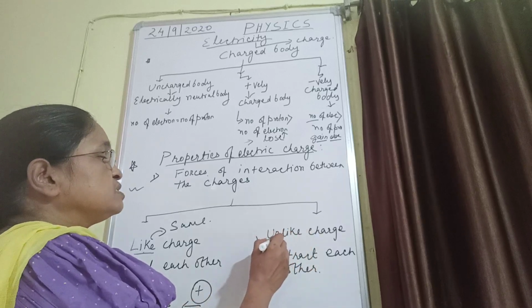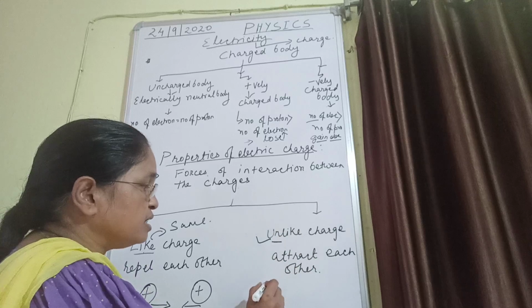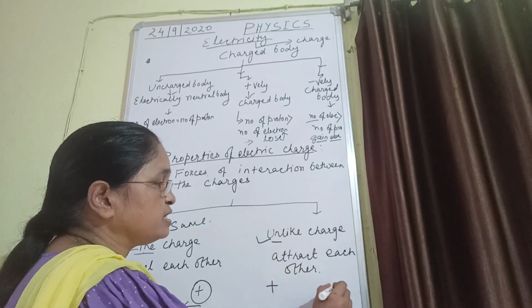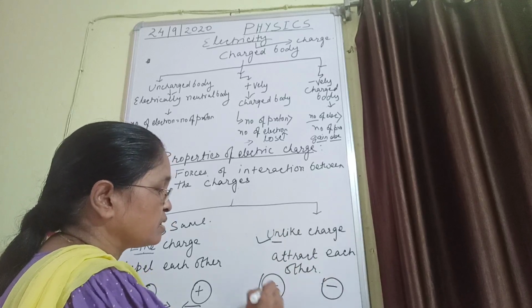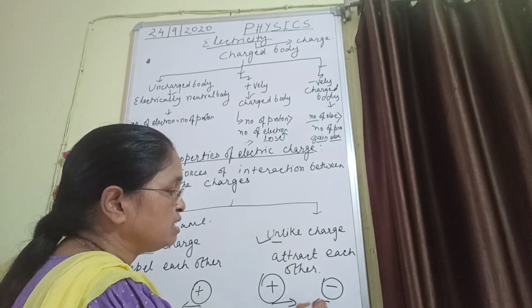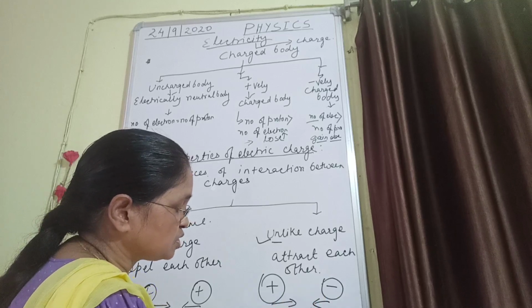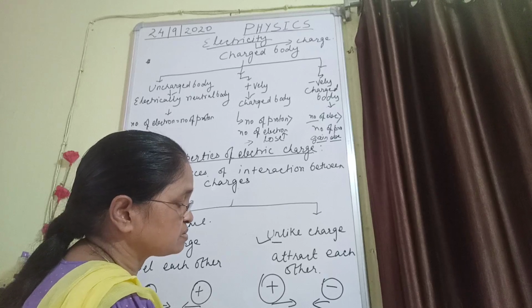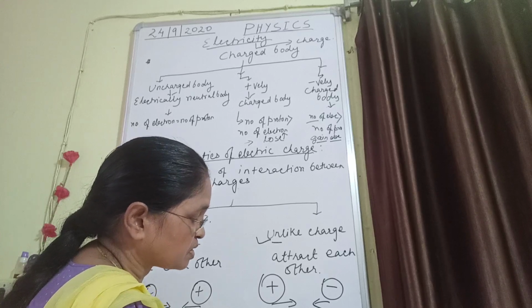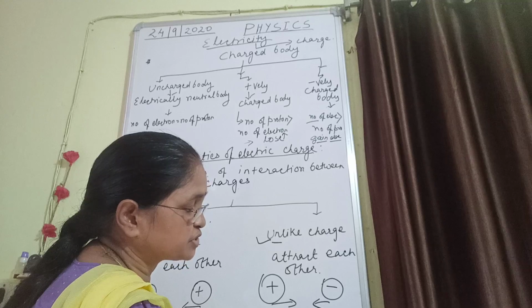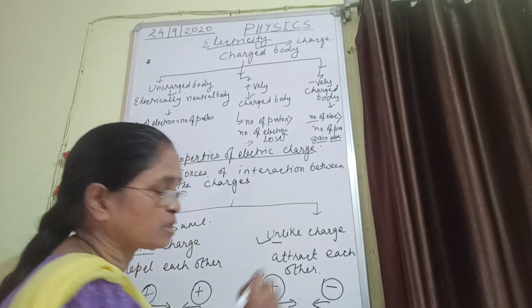Unlike means not the same charge. So when positive and negative approach each other, they will attract each other. This is the force of attraction.